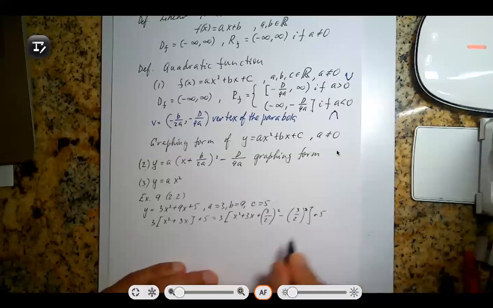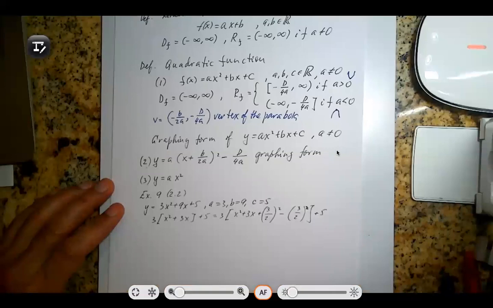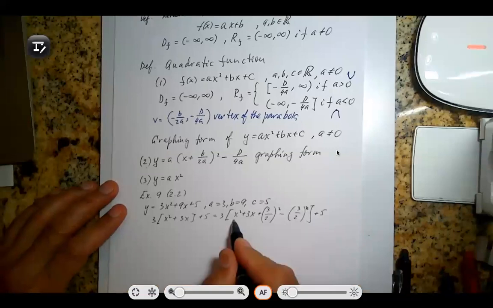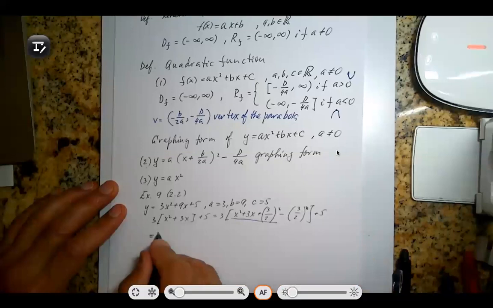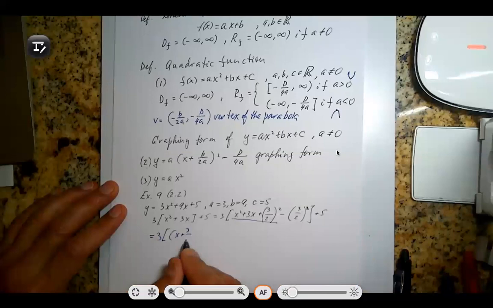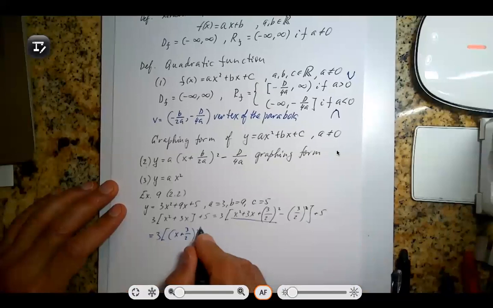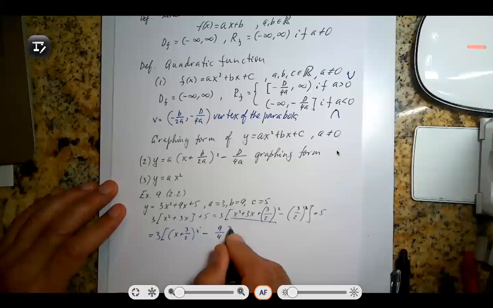We're adding and subtracting at the same time. So what do we do? These 3 terms will give you a perfect square. So I get 3 times x plus 3 halves in parentheses squared. And here, minus 9 over 4 plus 5.